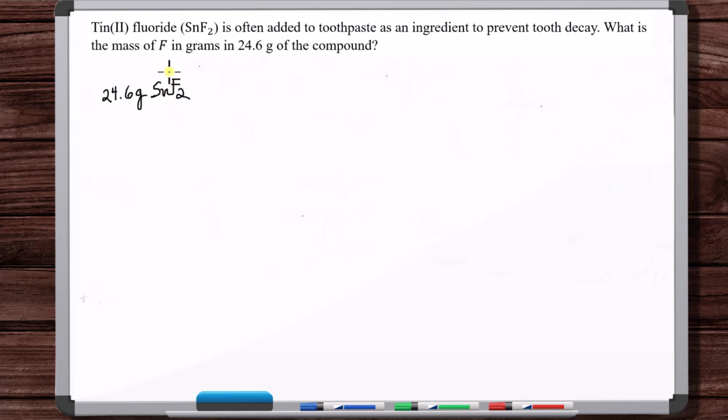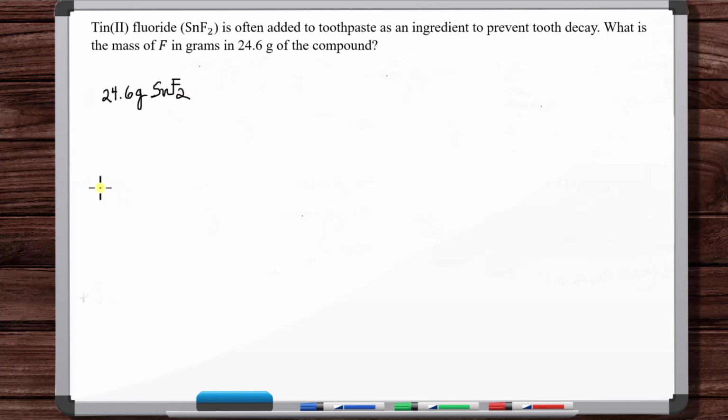If you have a mole of SnF2, think of it like a dozen SnF2s. Well, in a dozen SnF2s, how many Fs do you have? You've got 2 dozen, right? But we're just using mole instead of dozen.